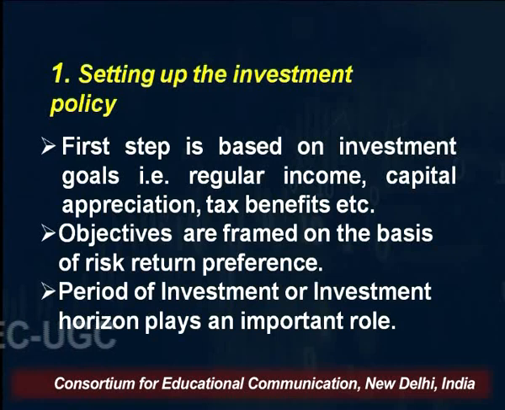Your investment objective can be regular income. Suppose a person is in the age group of 55 to 57 and is going to retire at the age of 60, and their job is not pensionable. What they want after retirement is a regular income.